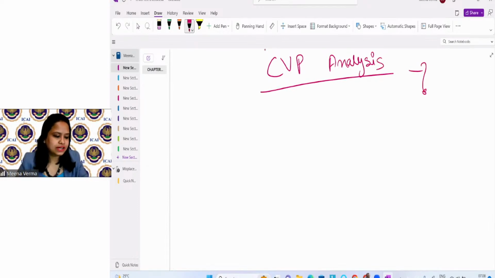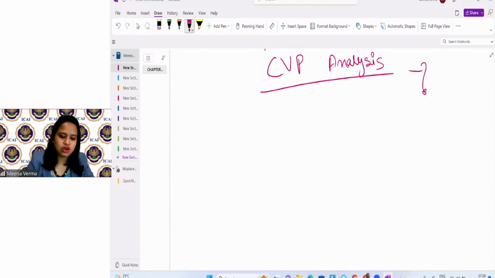Now, the point is that if you will see in the business organization, most of the costs are not relevant for decision making. What are these costs which are not relevant in decision making?